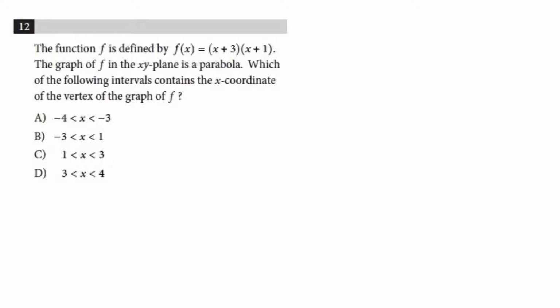Okay, well, let's get a sketch going of this graph. We know that our x-intercepts are going to come out of the fact that we have factors at x plus 3, x plus 1.